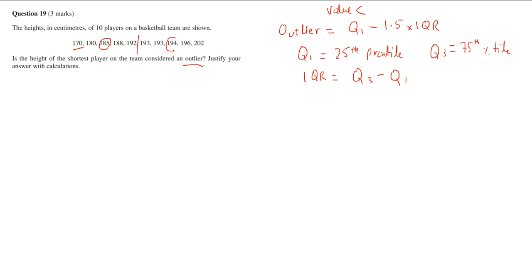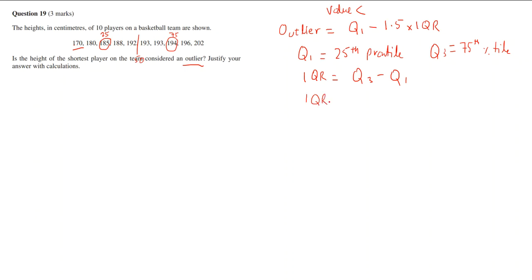And then this middle is here. So this would be the 25th percentile, and this would be the 75th percentile, because this is the 50th, this is the middle. So middle of the middle on this side is 25th, middle of the middle on this side is 75th, right? So once you know these two values, you can work out what is the interquartile range.